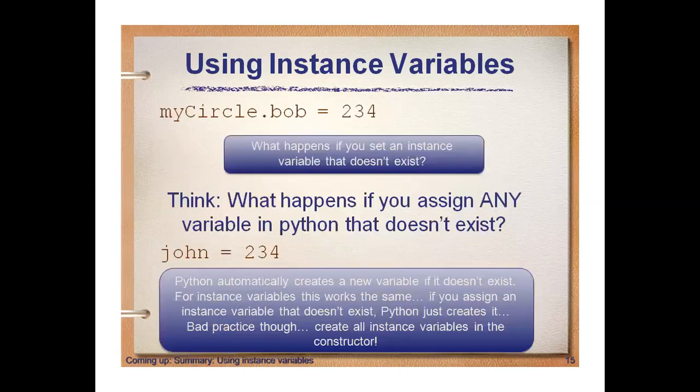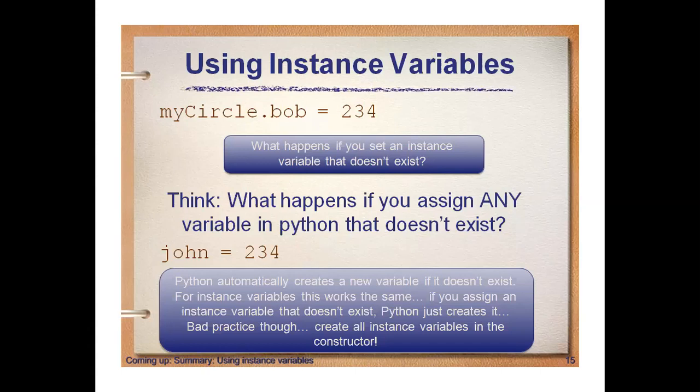Right? Now moving ahead, we are using instance variables. What are my instance variables? Suppose my circle.bob has some kind of parameter and we put a value equal to 234, right? Now what will happen here?